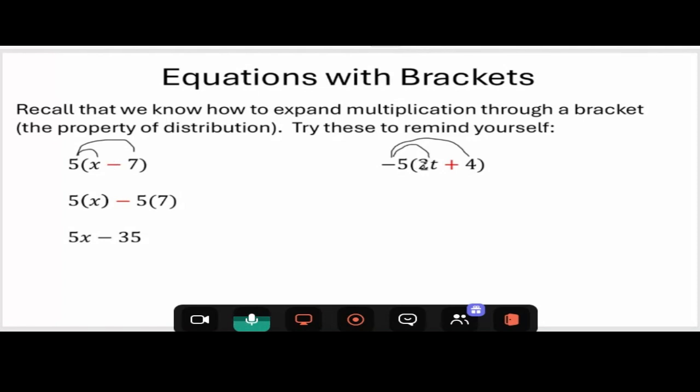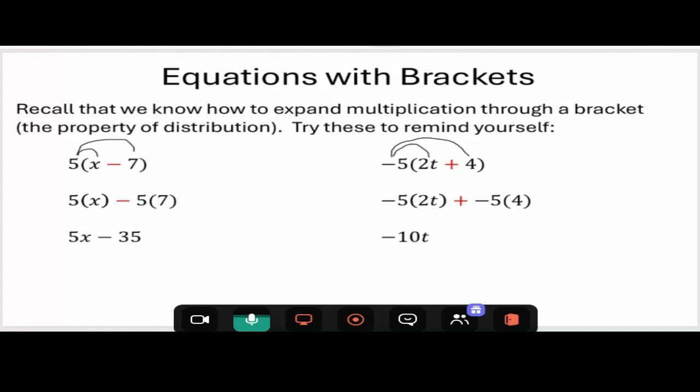And then on either side, we're going to multiply negative 5 by each of the two things in the bracket. Negative 5 times 2t, plus the red plus sign, see, it's still there, negative 5 times 4. So I've taken the negative 5 and I've multiplied it into the bracket, kept the sign between the things there.